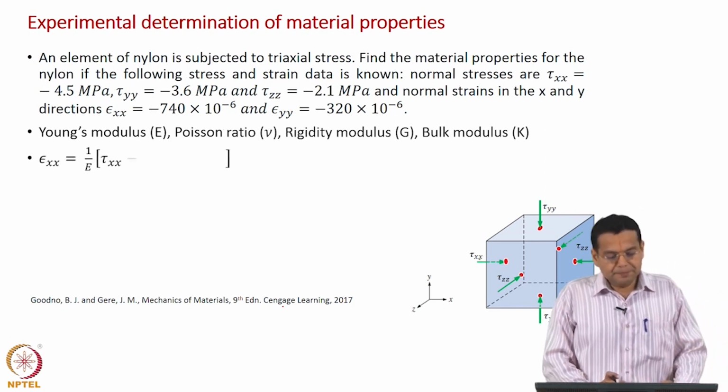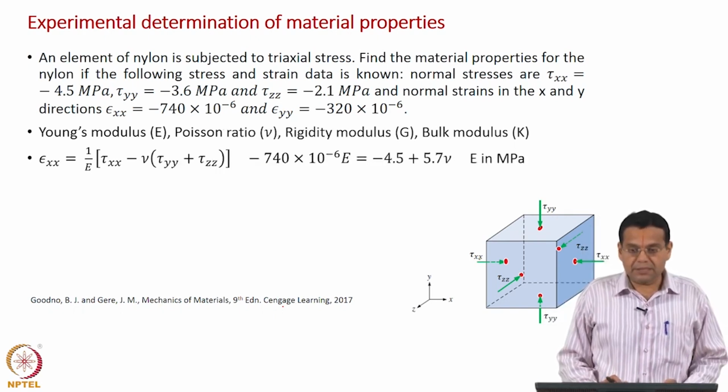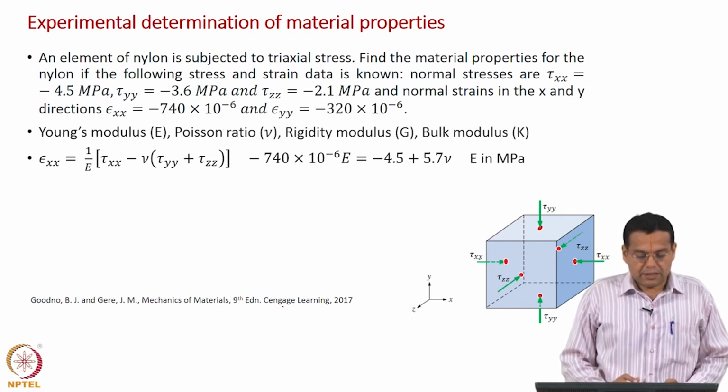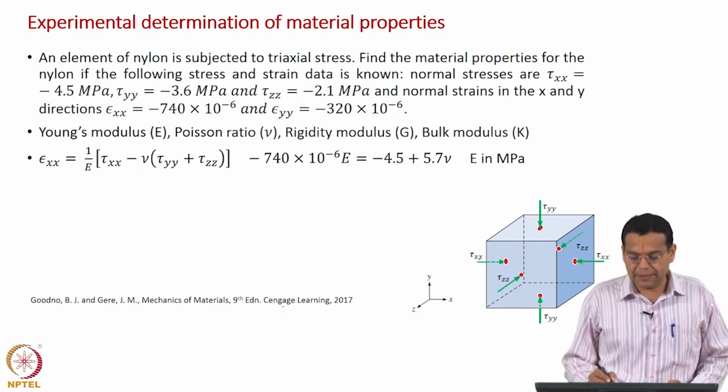So, let us write the equation for the normal strain in the x direction in terms of the normal stresses. The left hand side, epsilon xx, is given to us as minus 740 10 power minus 6, with E taken to the left hand side.